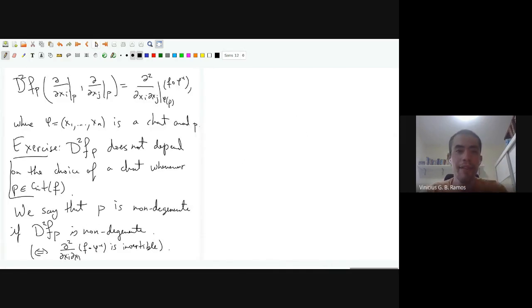Another way to say this is the following. If you have a function from X to R, then you have a derivative map which goes from TX into R. So you can take the derivative of this map.